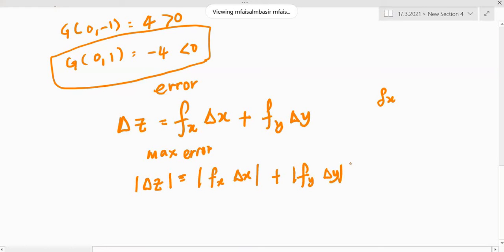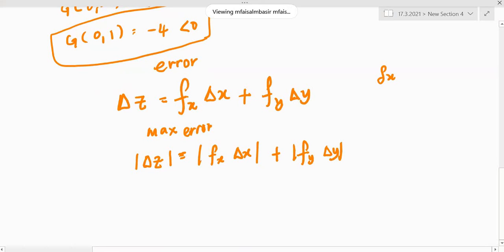Also, for 3D, it will be more than two independent variables.